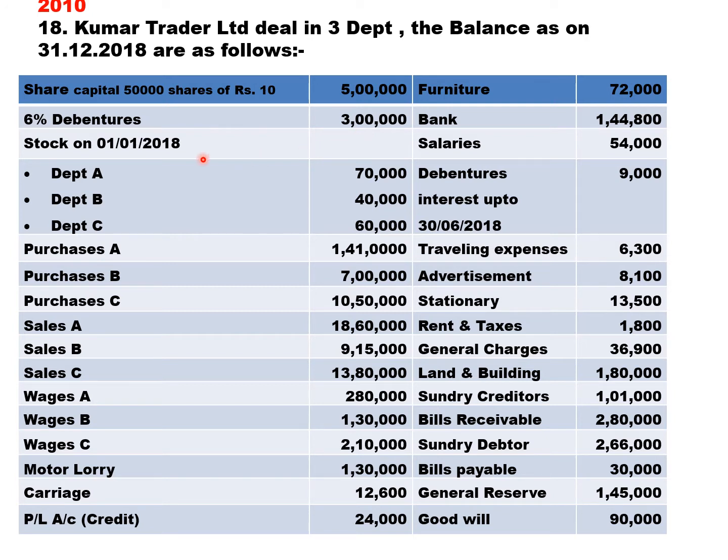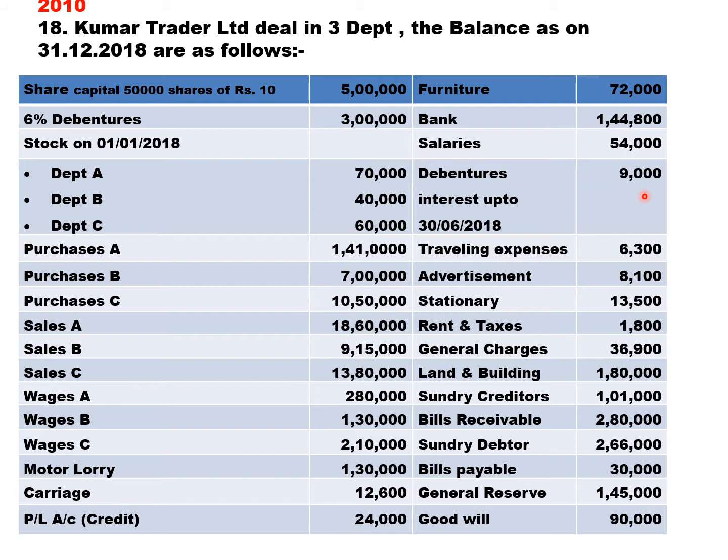So 3 lakh into 6%, you get 18,000. I repeat, the complete interest is 18,000. But here debenture interest up to June is 9,000, which means 9,000 is paid, another 9,000 is outstanding.